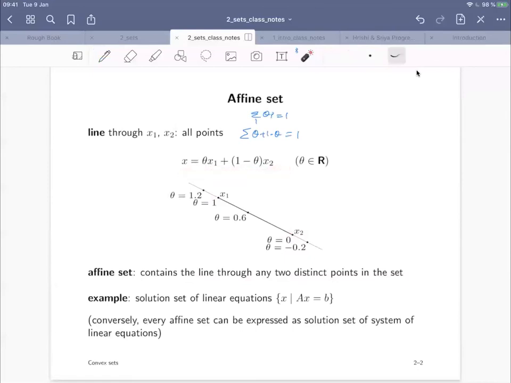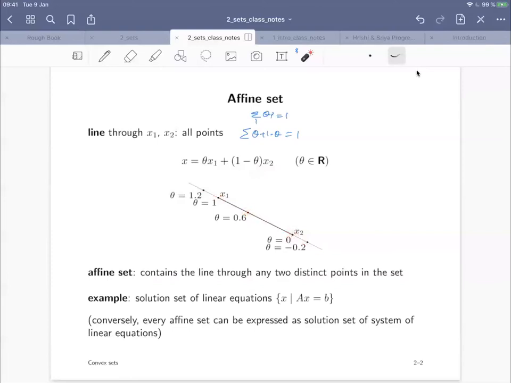Now let's consider a set, for example, this line, and you pick any 2 points, x1 and x2. When theta equals 1, you will get this point because then 1 minus theta is 0, so that is x1 itself. When theta equals 0, you will get this point. And for example, theta equal to 0.6, you will get this point.